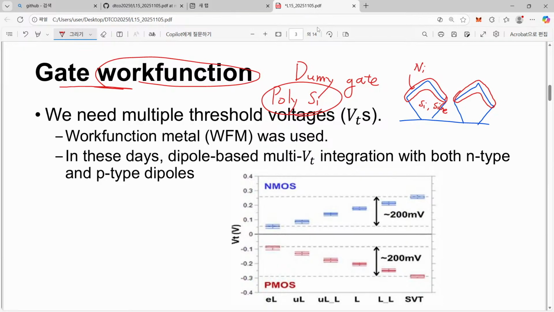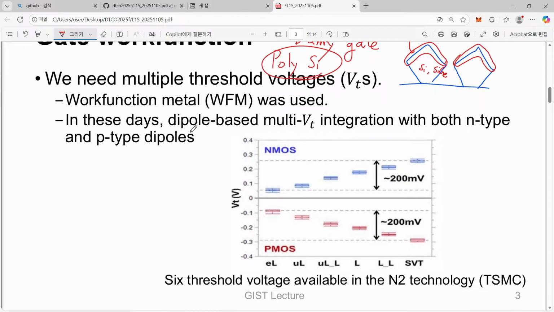How to introduce this split of work function is regarded as one of the top secrets, so they do not share the information between engineers. So what I wanted to say is what is actually being done in there. It is not that easy to say, but from literature we can find some ways.